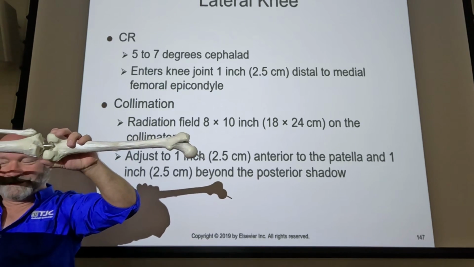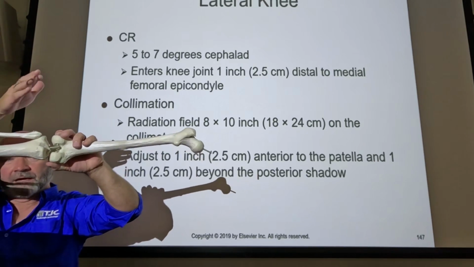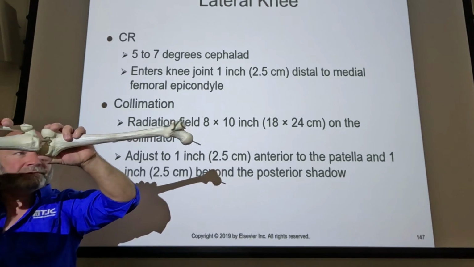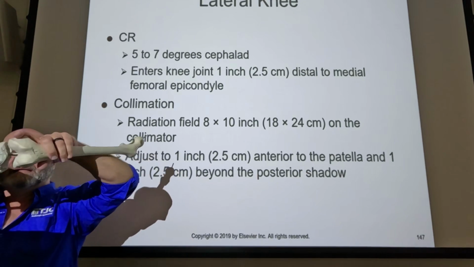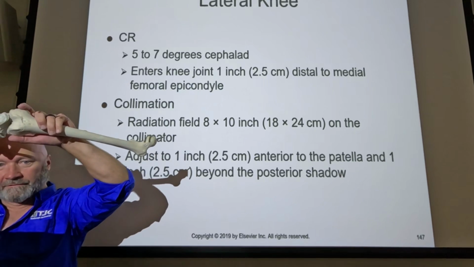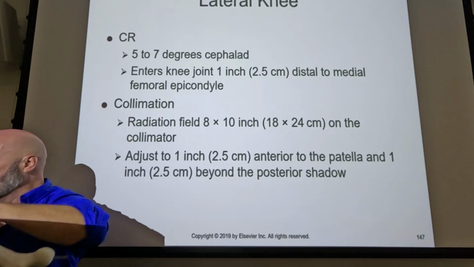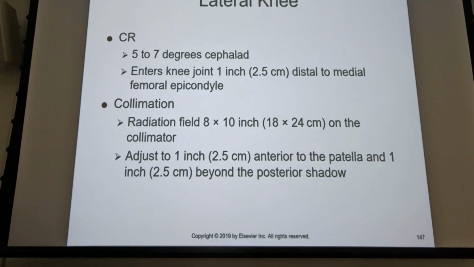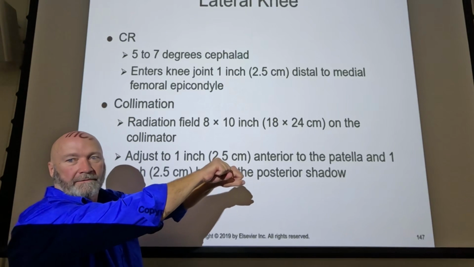So in order to put the central ray parallel and stack those things on top of each other, I need an angulation. I need a cephalic angulation of 5 to 7 degrees to put them on top of each other. Otherwise, what you're going to see are the condyles not stacked on top of each other like that, but they're going to be like that.